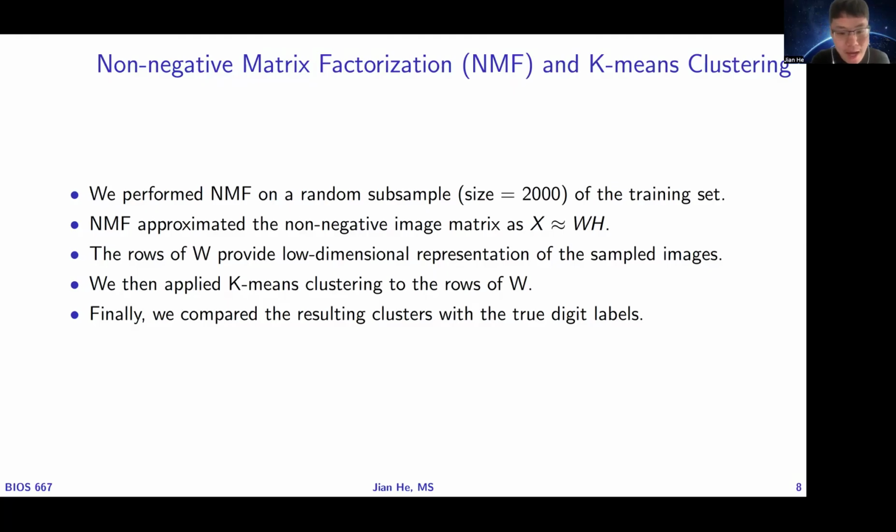We then applied k-means clustering to the rows of W. We set k equal to 10 to match the number of digits. Finally, we compared the resulting k-means clusters with the true digit labels.